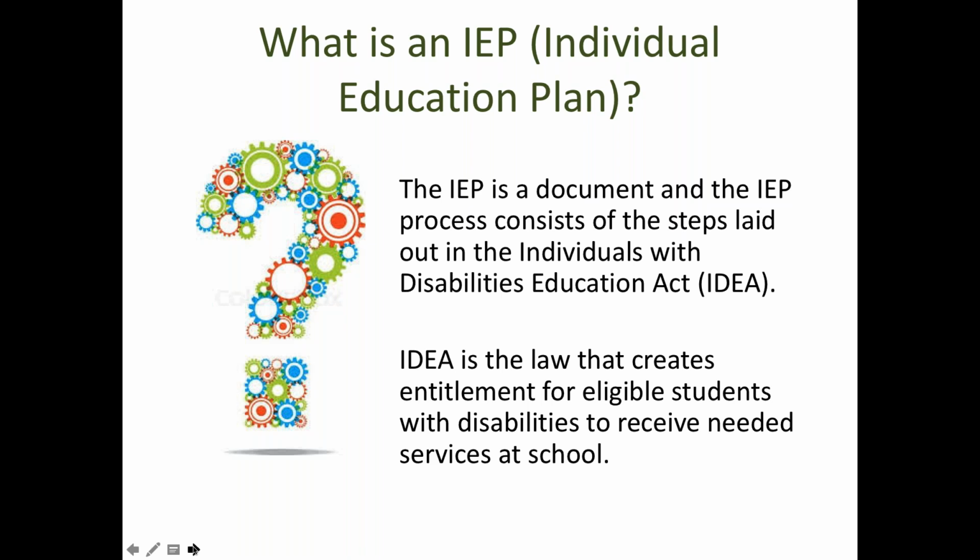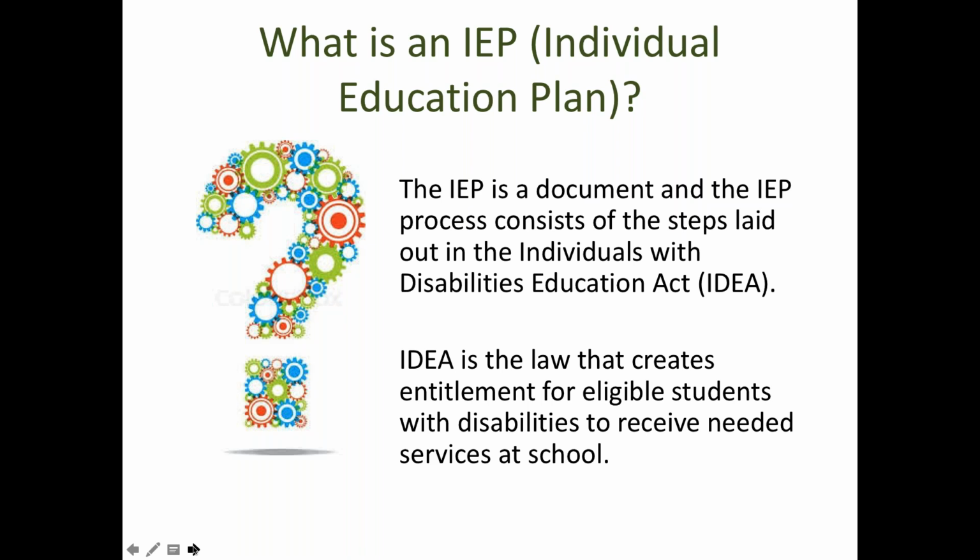The IEP is a document, right? That means it is an agreement between yourself, if you are the parent of a child who is eligible under IDEA, and the school district, as well as a process that's laid out in the law that sets forth the IEP process. And that law is called the Individuals with Disabilities Education Act, better known as IDEA.